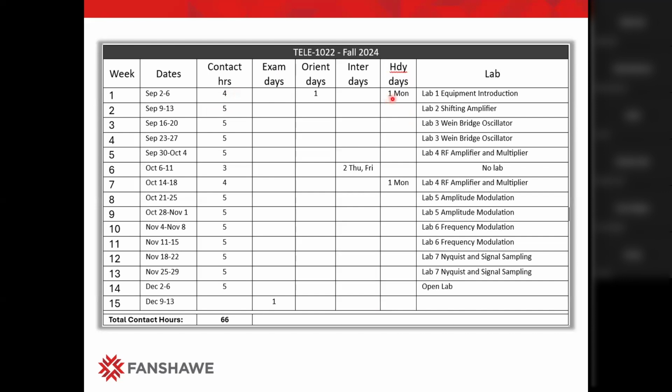There's another holiday that is going to affect us, which is the Monday after this so-called reading week, or attempt to have the reading week. Every September semester, it works that way.